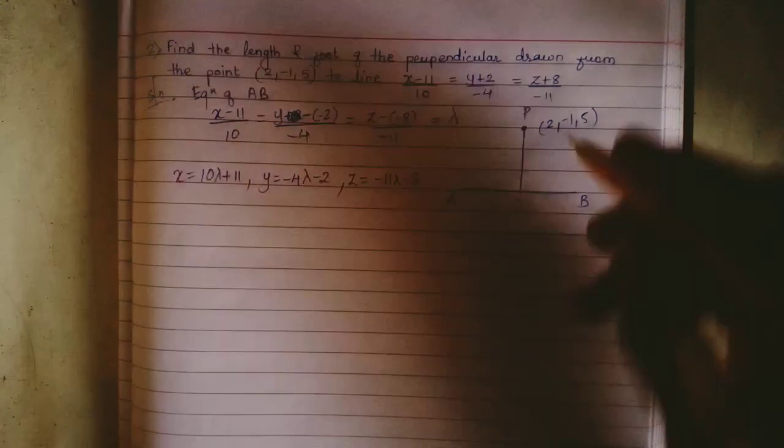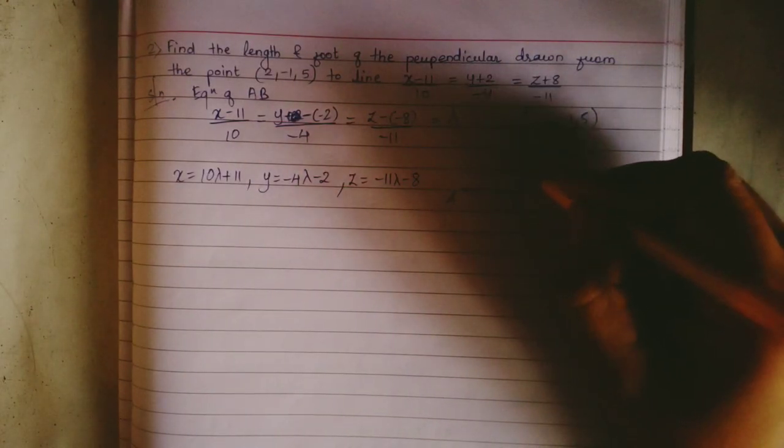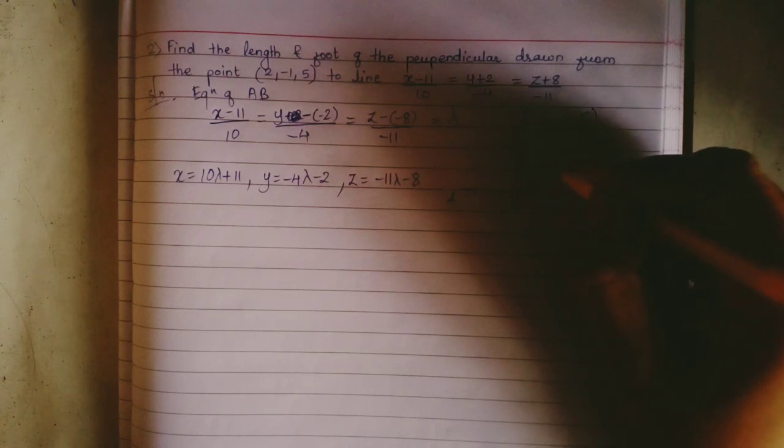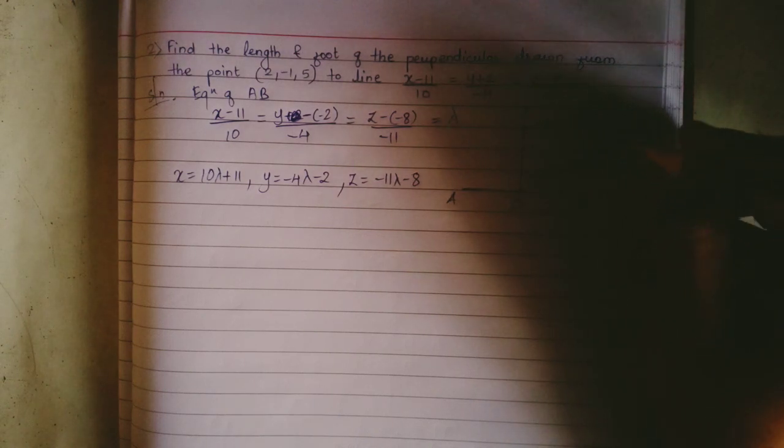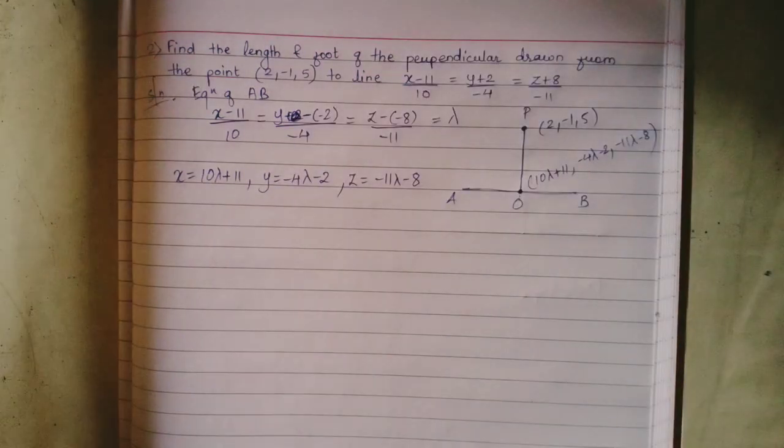So this point O is (10 lambda plus 11, minus 4 lambda minus 2, minus 11 lambda minus 8).